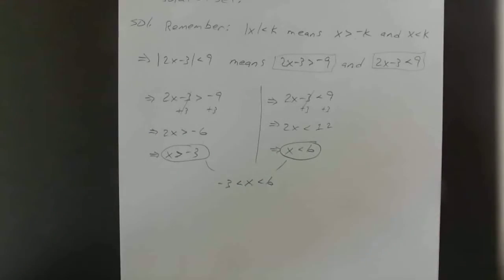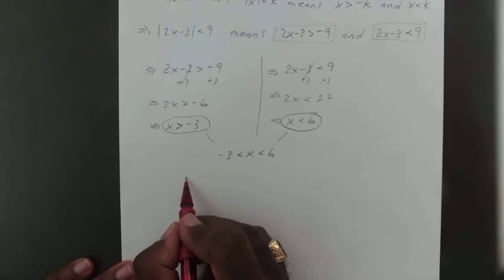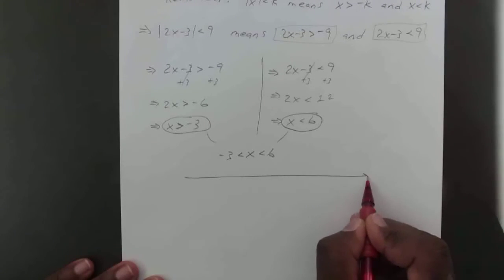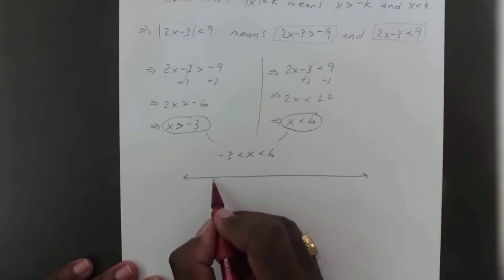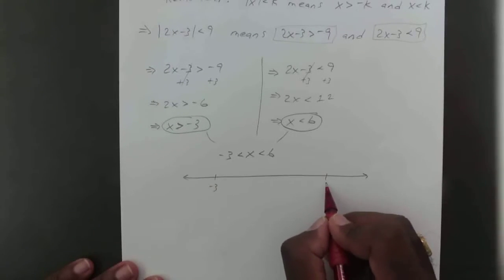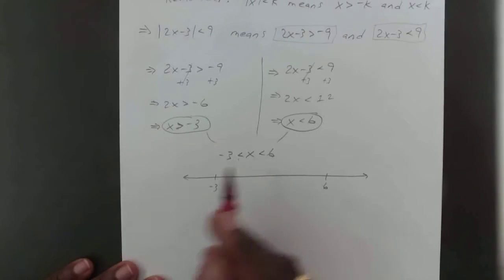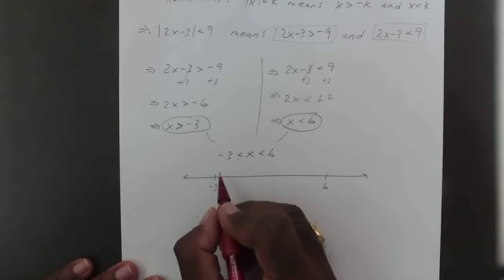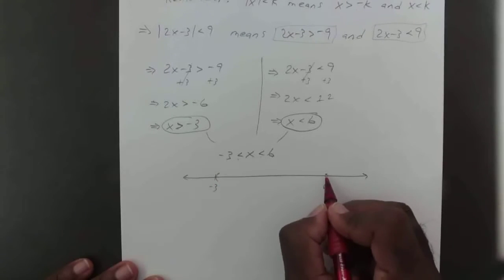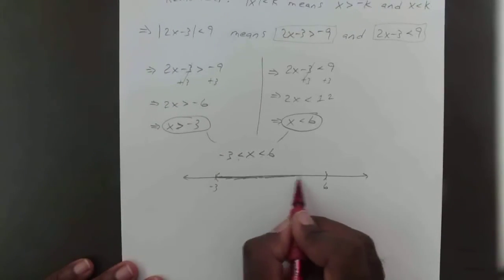Okay, so if we wanted to graph this, you just draw our number line. And we don't have to put in every number. We just have to put in our negative 3 and our 6. And because it's less than and not less than or equal to, you're going to use your parentheses. And it's true for everything in there.